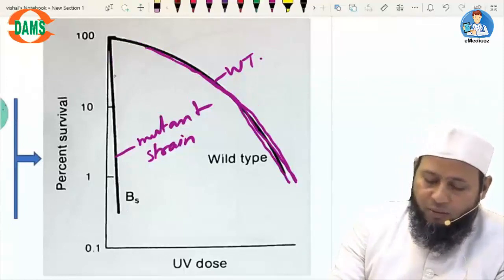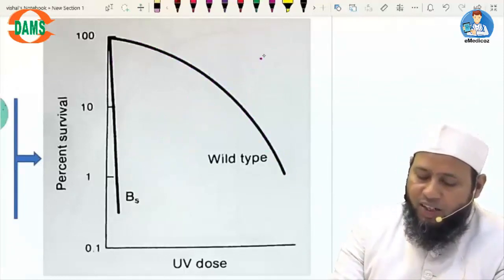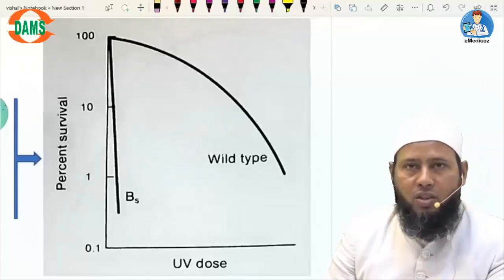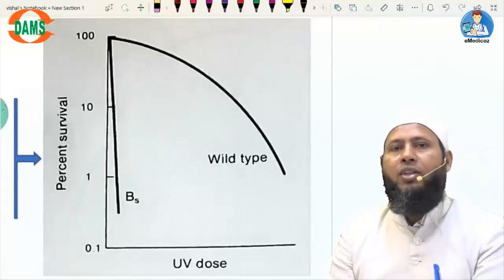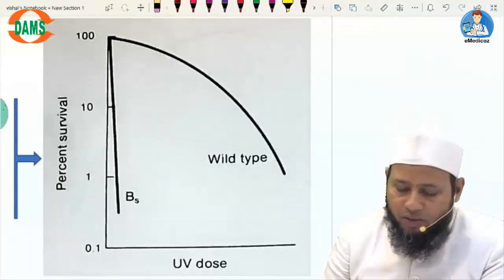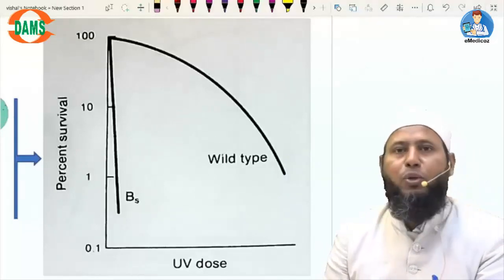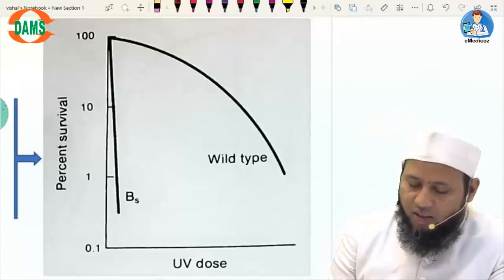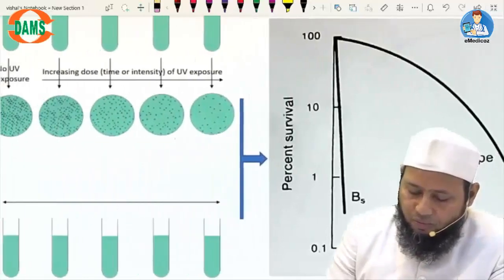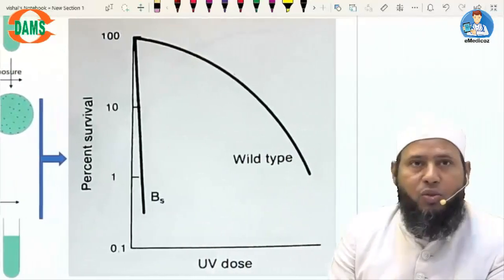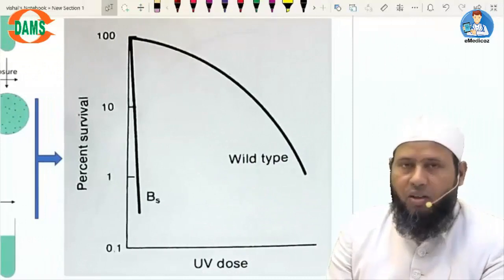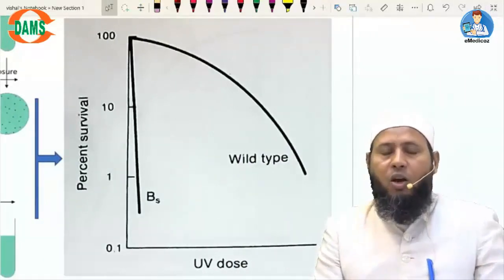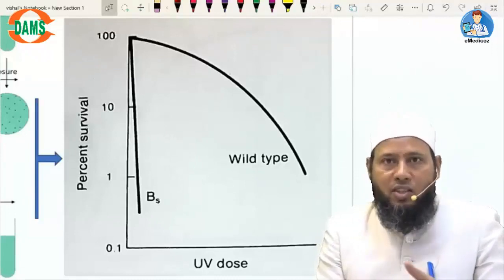In this way, scientists were able to categorize different strains as DNA damage sensitive and DNA damage resistant, or mutagen sensitive and mutagen resistant cells or strains. In this way we can see what might be happening inside the cell, and we can visualize the extent of the DNA damage.